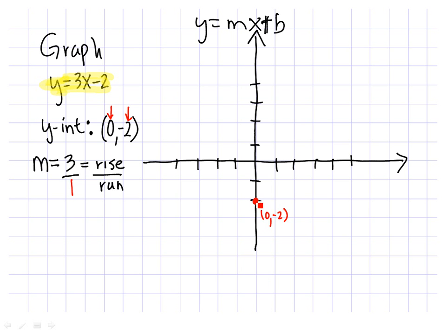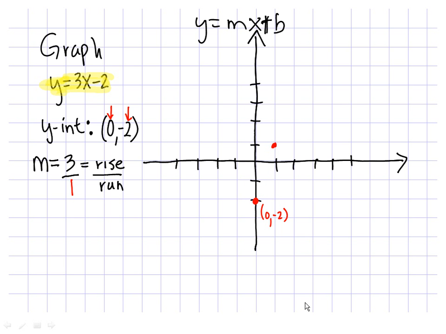From the y-intercept, you should rise 3. So rise 3 units, 1, 2, 3, and run 1 unit. So we'll end up right here. And you will plot. I need to clear that. Alright.